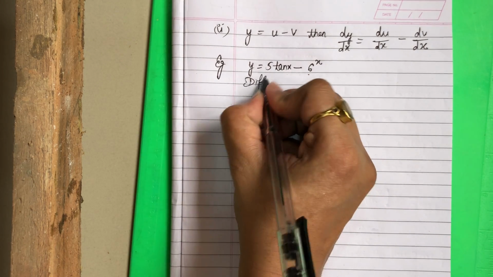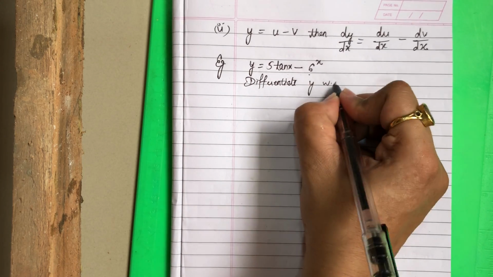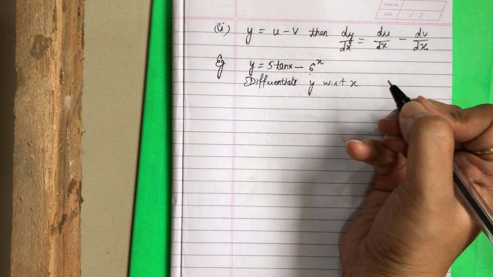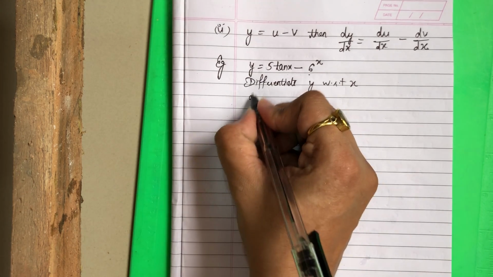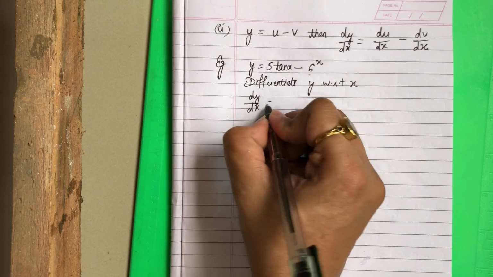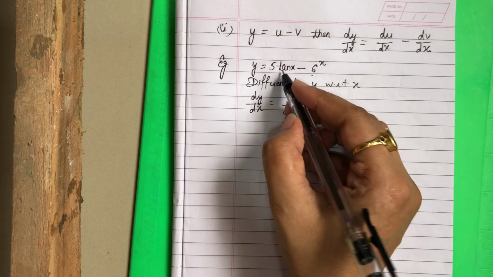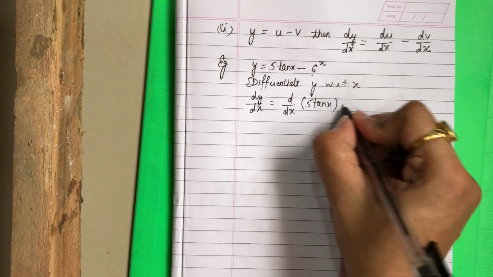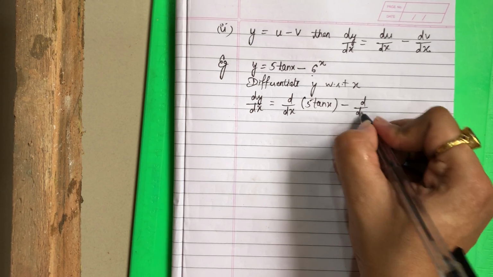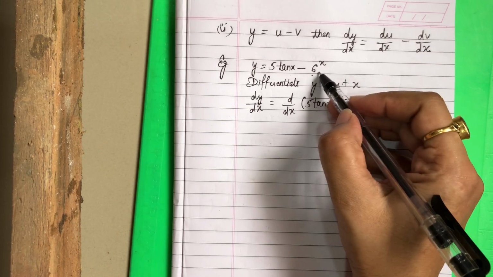So differentiate y with respect to x, or you can write differentiate both sides with respect to x. So dy by dx is equal to d by dx of u, that is 5 tan x, minus d by dx of 6 raised to the power x, that is your v.